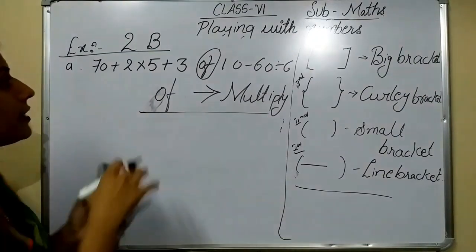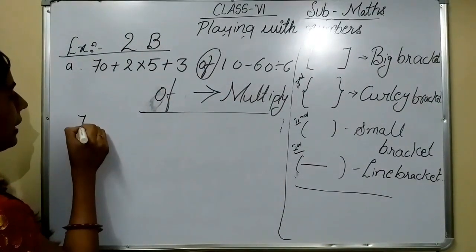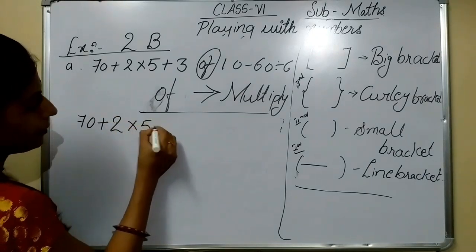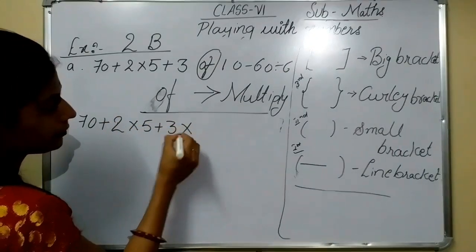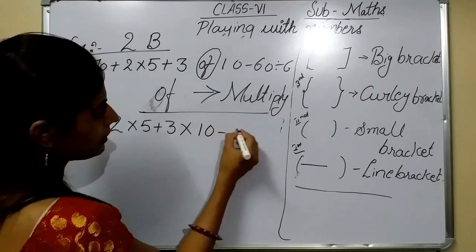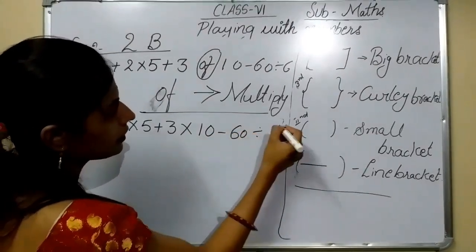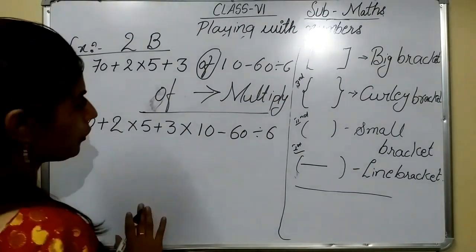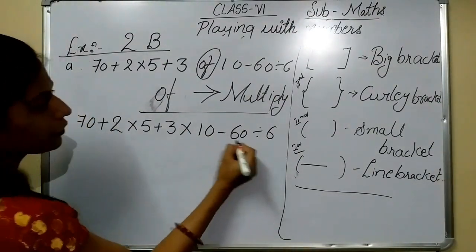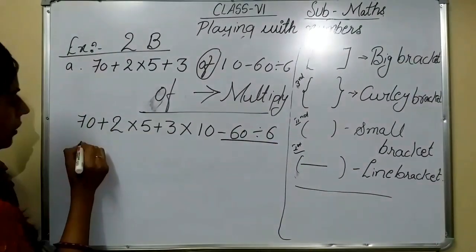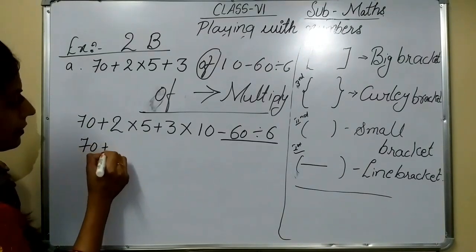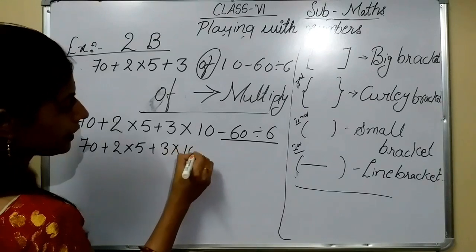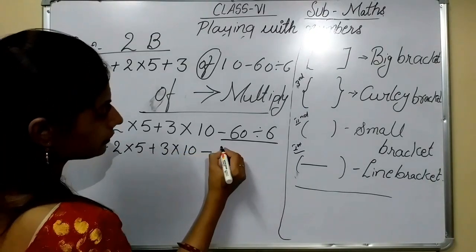Now we will change this of into multiply, that is 70 plus 2 into 5 plus 3 into 10 minus 60 divided by 6. Now as you know your BODMAS rule, we first have to divide. That is 70 plus 2 into 5 plus 3 into 10 minus 10.